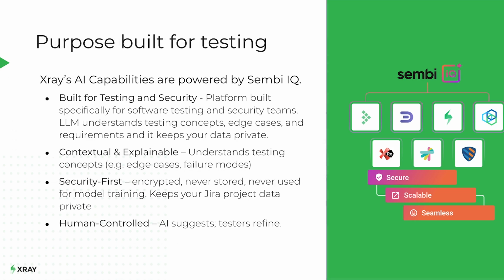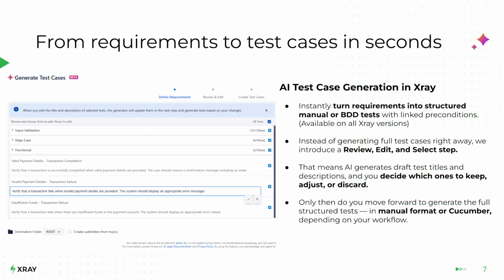And let's see our first AI capability, which is AI test case generation. This feature converts requirements into structured manual or BDD tests instantly. But we didn't want a black box approach. Instead of generating full test cases immediately, we introduce a review, edit, and select step first.